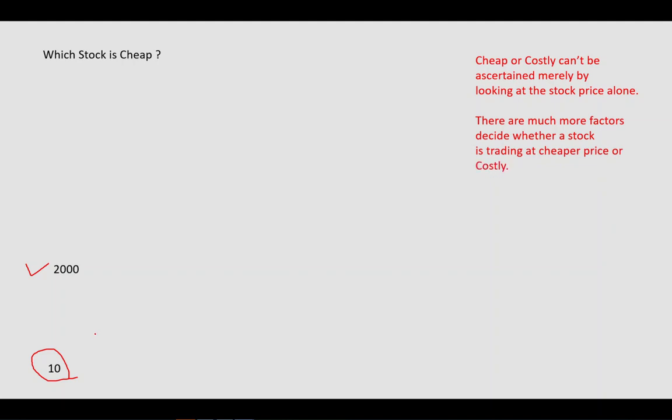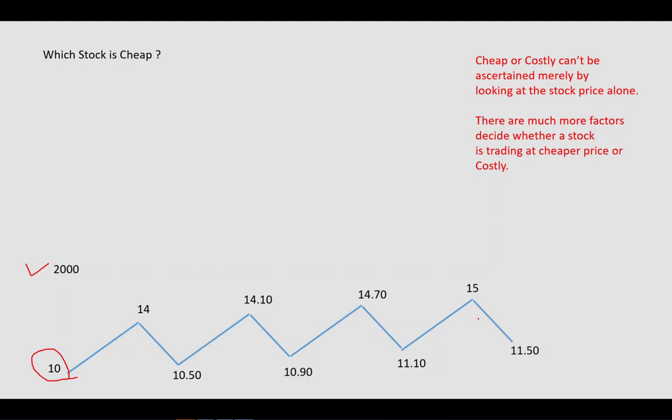Suppose the 10 rupees stock goes up to 14 rupees, then again 10.5, and again travels in this range between 10 and 15. At the same time, this 2000 rupees stock becomes 3000 and comes down to the 2500 level, then goes up again, comes down to the 3500 level, goes up to 5000, and comes down again.